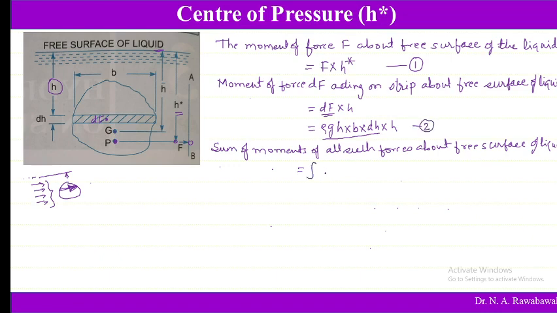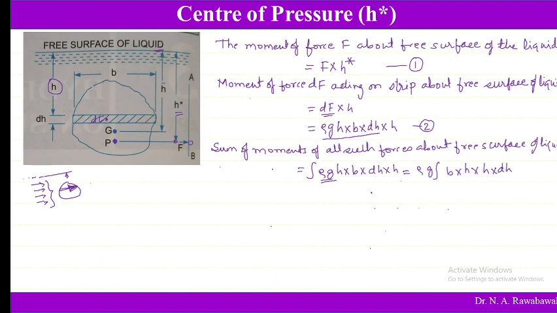Integrating equation number 2, we get the integral of rho g h into B into dH into H. Rho and g are constants, so this is rho g times the integral of B into dH into H into dH.